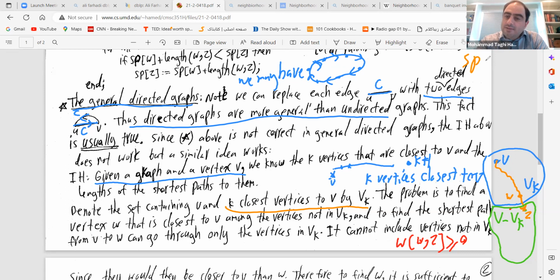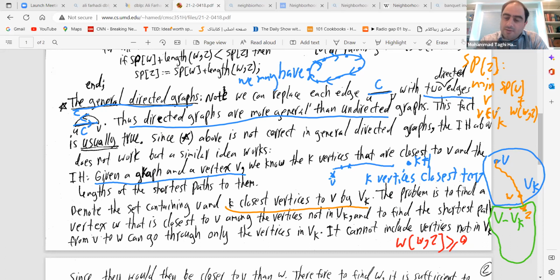It means that SP of V, this is the k plus first guy, should be equal to the minimum of SP of W plus the weight, or length, of W to Z. And this minimum is taken over all vertices W belonging to Vk.